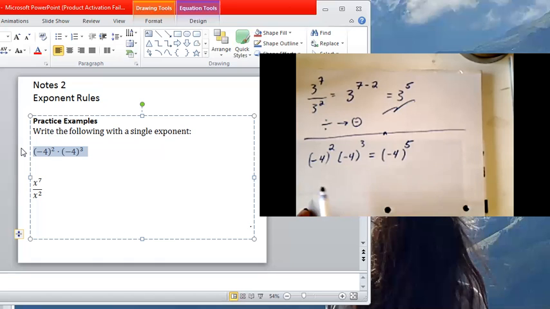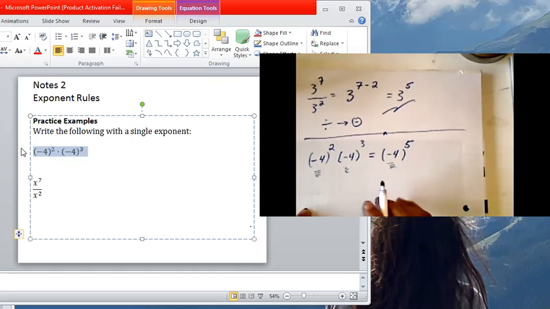Oh, good. The base stays the same. So it's a -4. So it stays as a -4. Okay, yeah, good question. -4, -4, -4. Yeah, I got it.